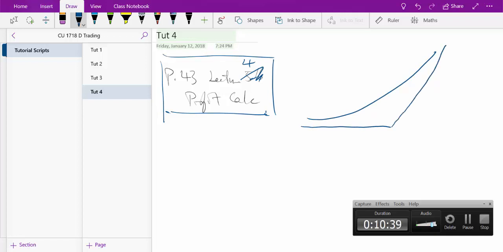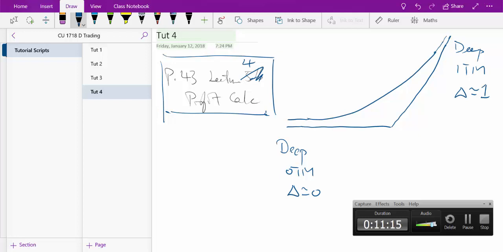Here, an option is deep out of the money and the delta is really quite close to zero. Here, it's deep in the money and the delta is very close to 1. In fact, if you go all the way to outer space, delta will be 1.